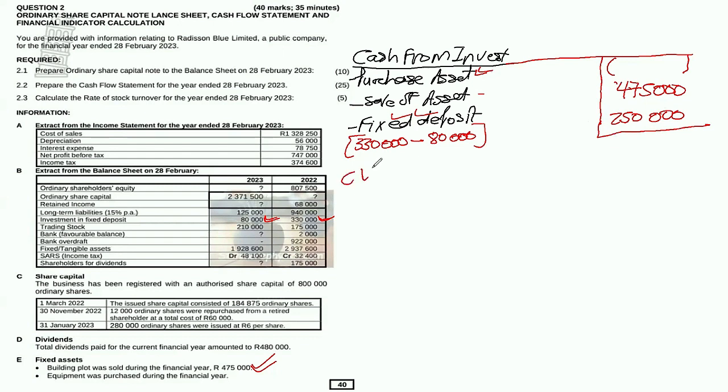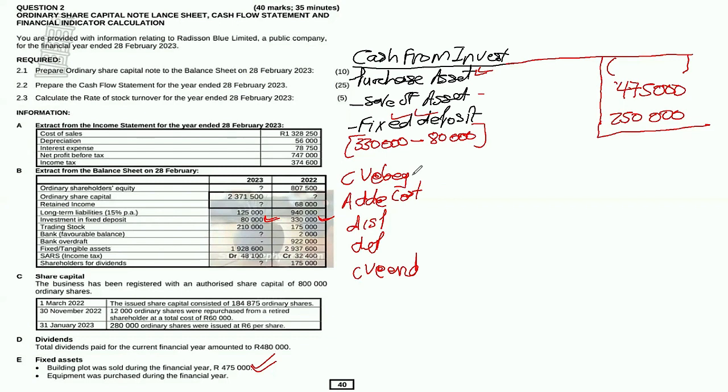Remember, for our purchase of assets, you have carrying value at the beginning, additions at cost, then disposal, depreciation, and after that, carrying value at the end.